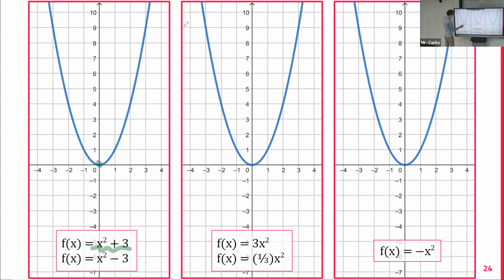Like this point, 0, 0, becomes 0 plus 3. Then 1 squared is 1 plus 3. 2 squared is 4 plus 3, 7, etc. And same thing on the other side. So it would look like this. The shape is the exact same. The only thing that's happening is the whole thing just slides up.